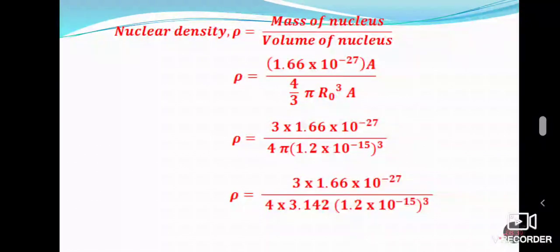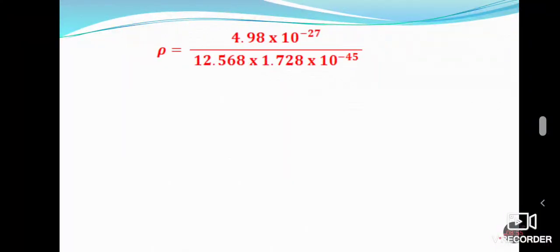While solving this, rho is equal to 3 into 1.66 into 10 to the power of minus 27 divided by 4 into 3.142 into 1.2 into 10 to the power of minus 15 the whole cubed. Therefore we get 4.98 into 10 to the power of minus 27 divided by 12.568 into 1.728 into 10 to the power of minus 45.